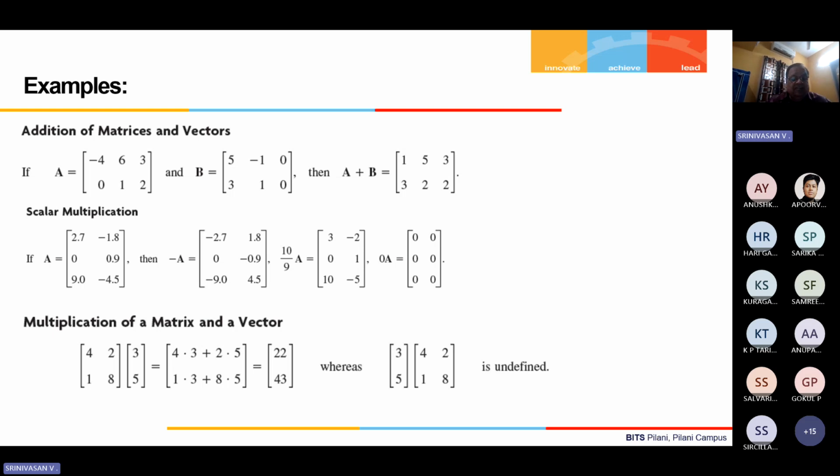So what is the first condition? Whether the product is defined, whether the multiplication is possible, for this example you have to check.